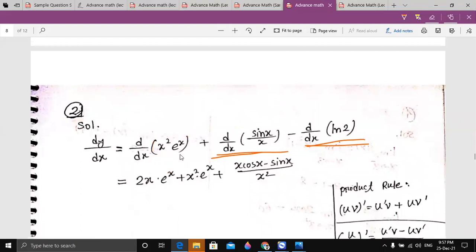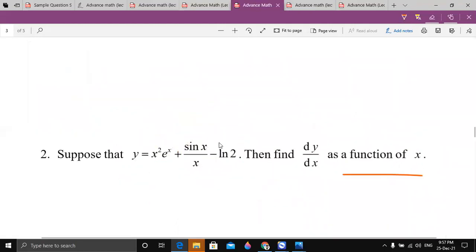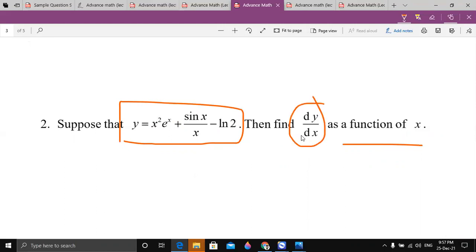So here we have come up to part 3, the second question. The question is: suppose y is equal to x squared e to the power x plus sin x by x minus ln 2. We have to find dy by dx.